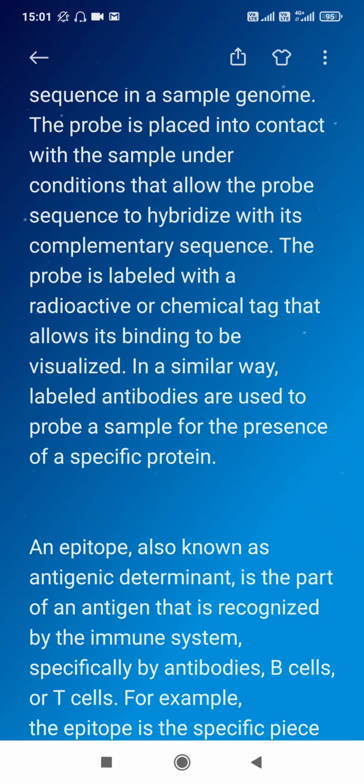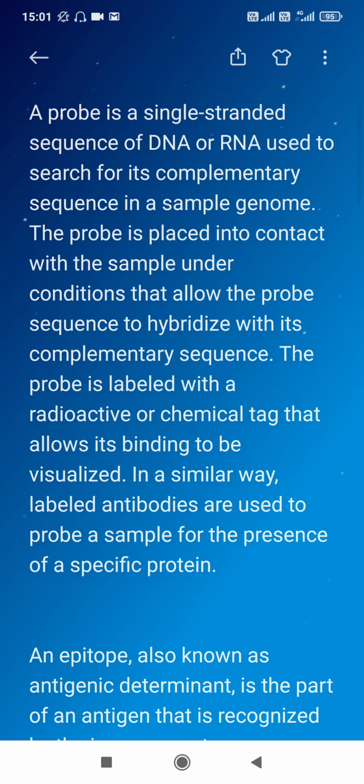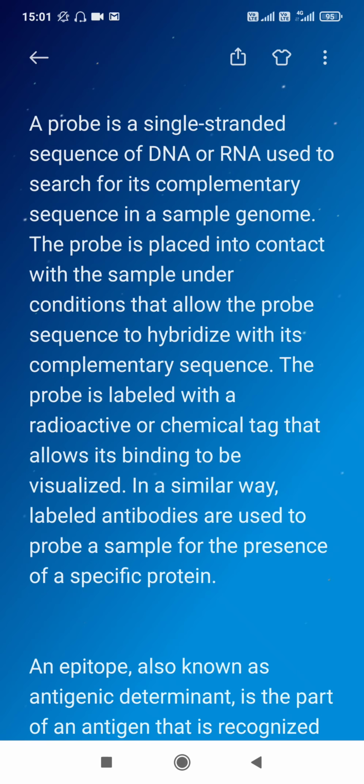In a similar way, labeled antibodies are also used to probe a sample for the presence of a specific protein. In the same way, when you want to visualize your target DNA or RNA sequence, we use a probe, a short DNA or RNA sequence tagged with a chemical or a radioactive substance so that it can be easily visualized.